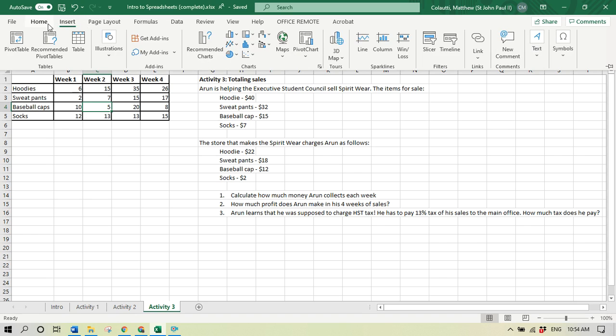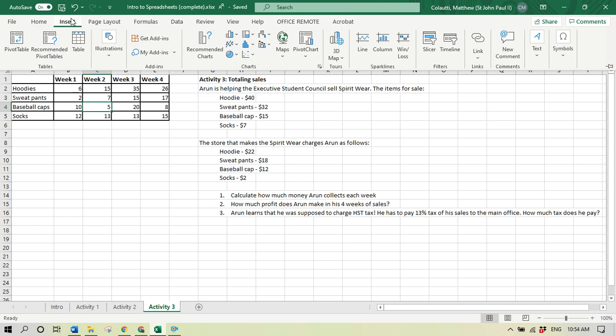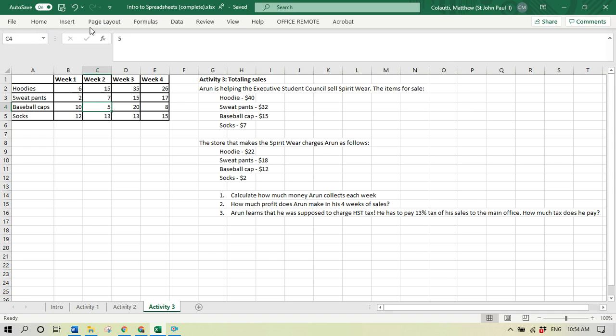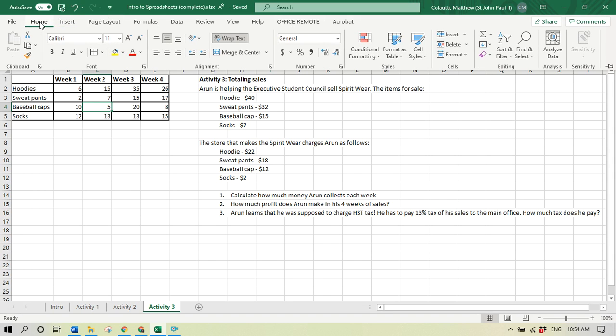I'm going to just use my existing table, and I'm going to insert, no, I always do it a different way.